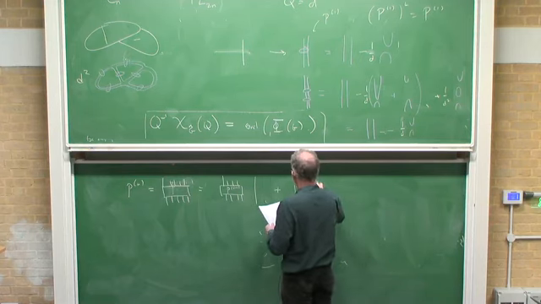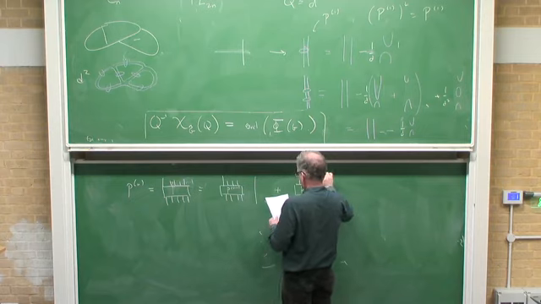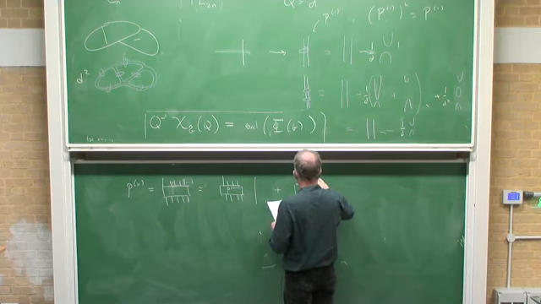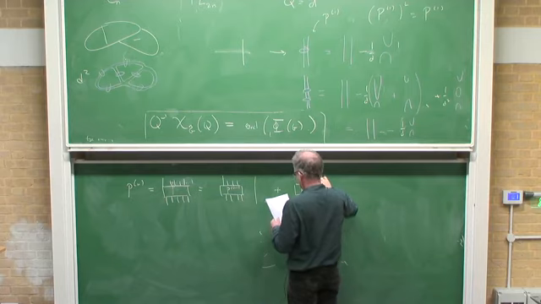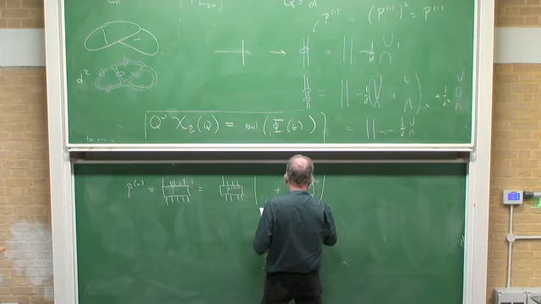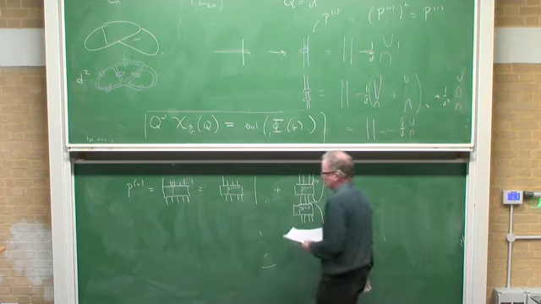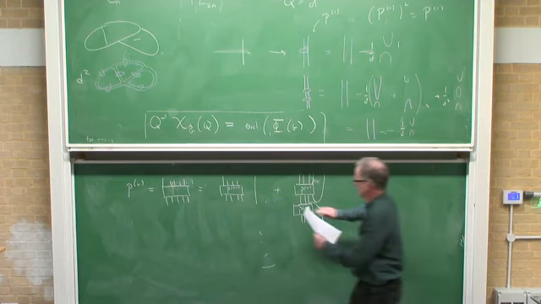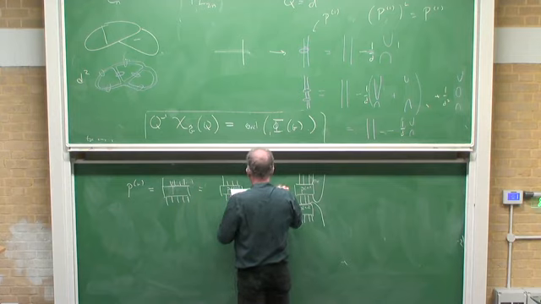And we get Pn minus 2. And, sorry, there's a constant there.